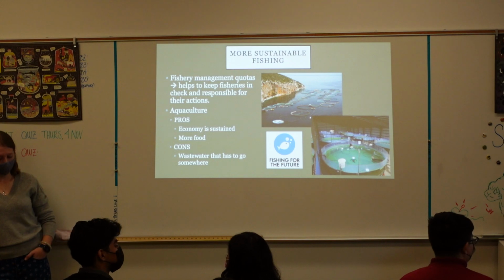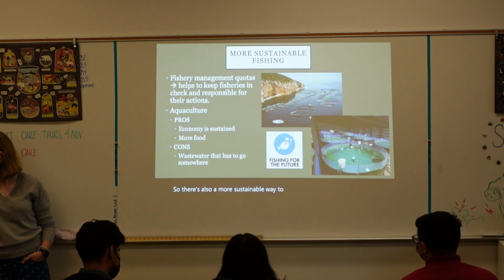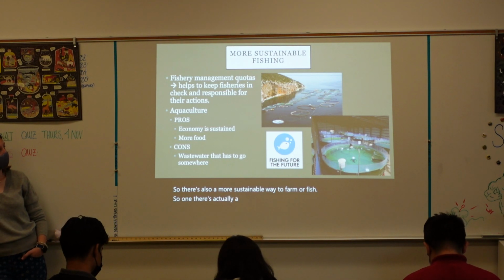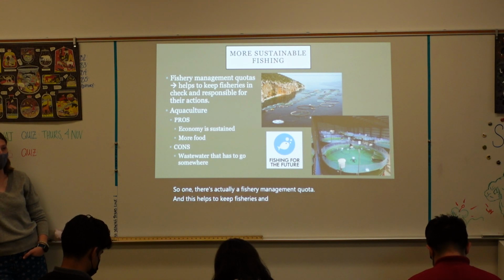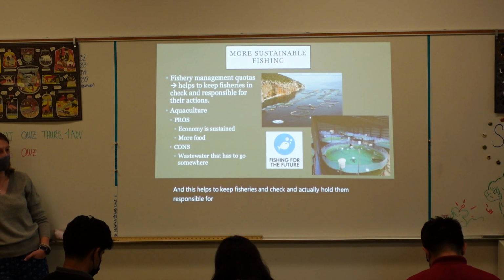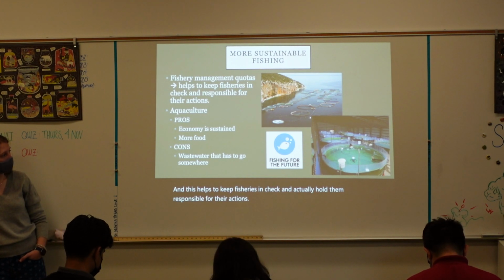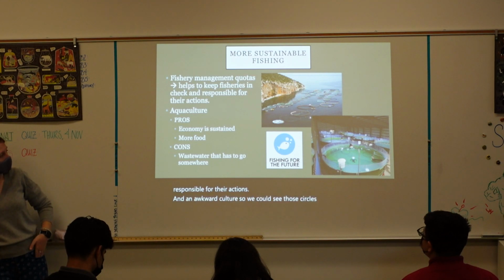So there's also a more sustainable way to farm or fish. One, there's a fishery management quota, and this helps to keep fisheries in check and hold them responsible for their actions. And in aquaculture, you can see those circles on the ocean.